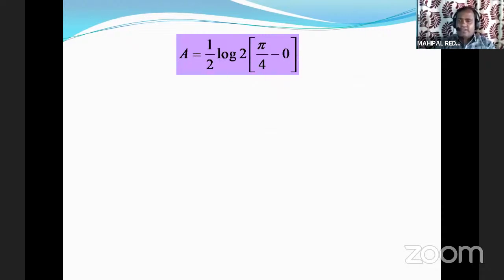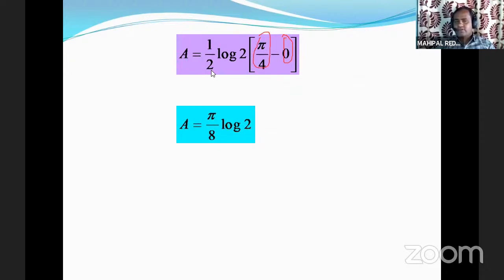A equals 1 by 2 into log 2, upper limit pi by 4 minus lower limit 0. Pi by 4 minus 0 is nothing but pi by 4.